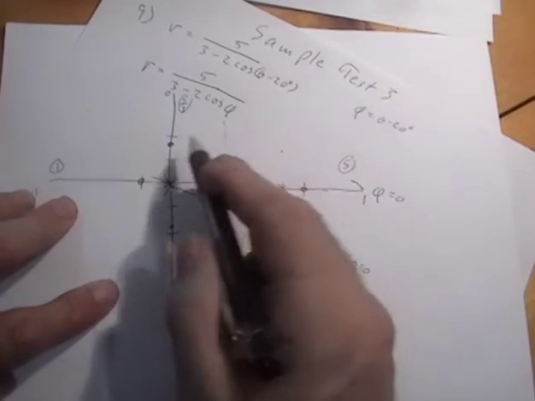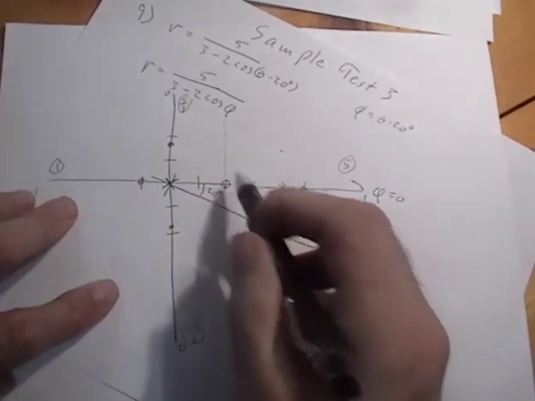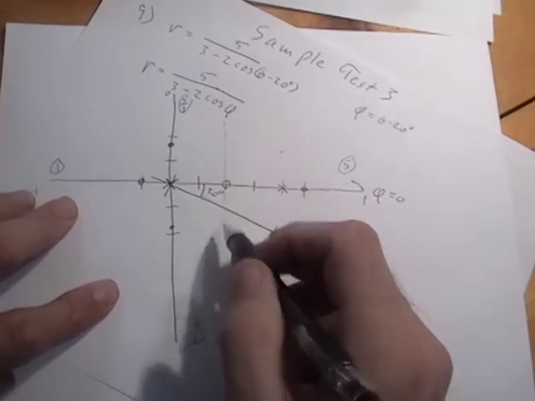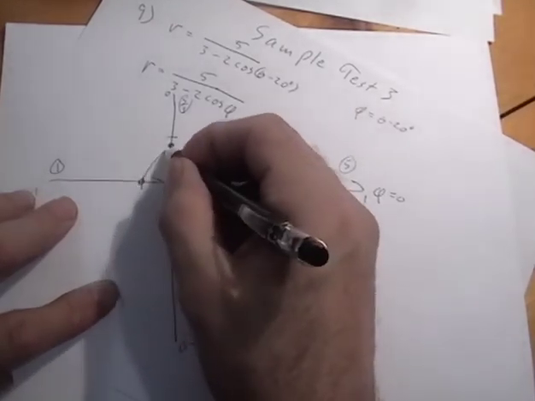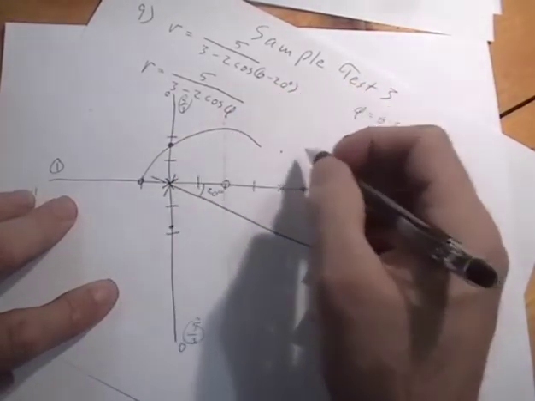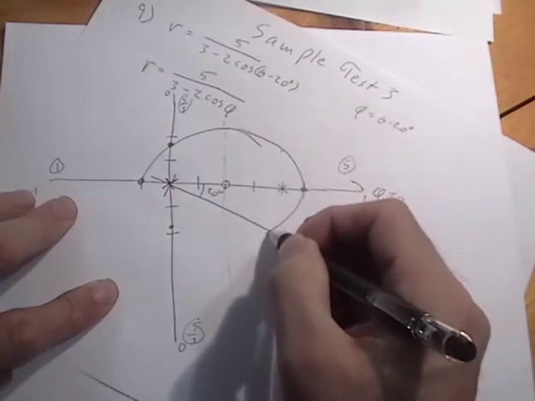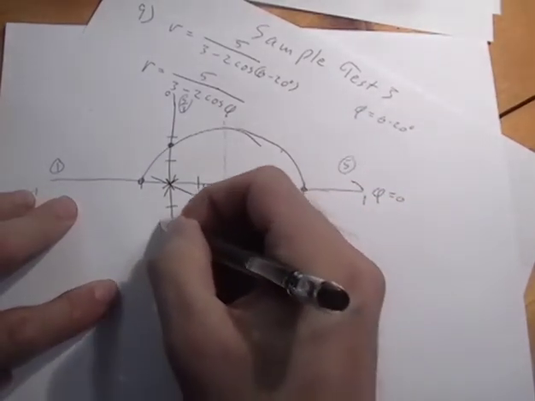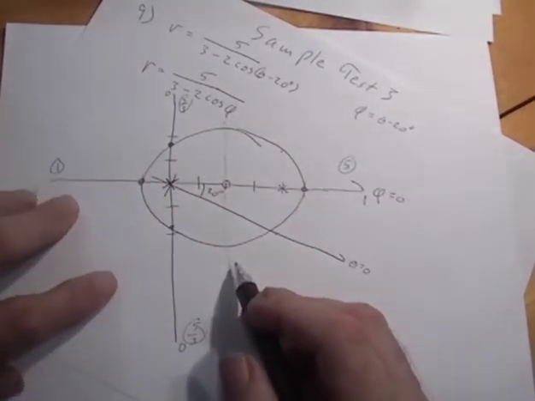Now I have 1, 2, 3, 4, 5, 6 points to draw, and I want it to bulge widest at this line of symmetry. I draw, come around, going through all of my points, and I will have a shape that looks something like this.